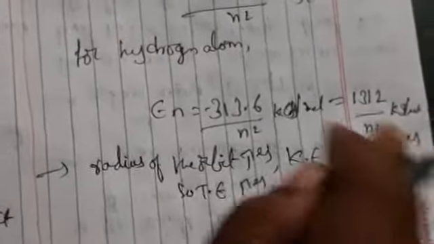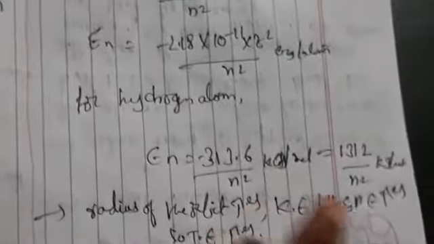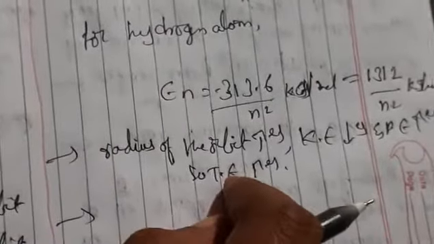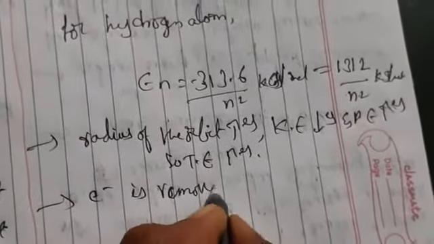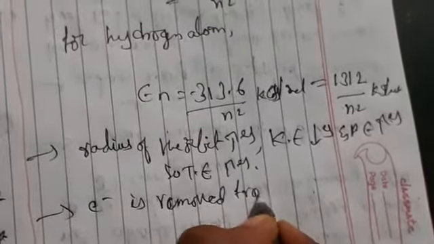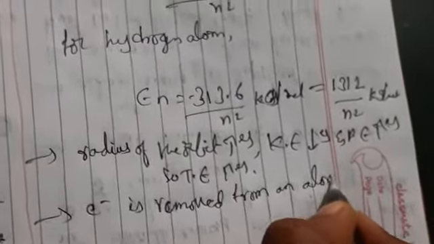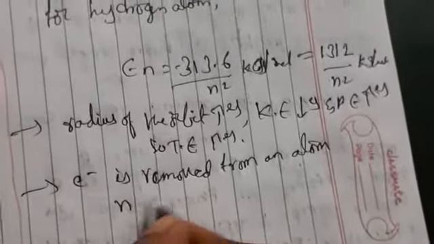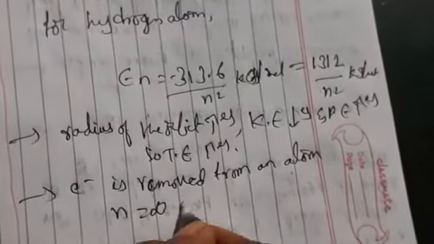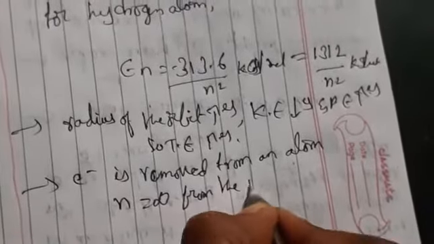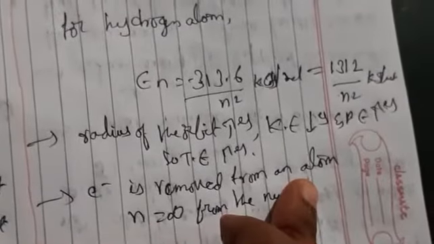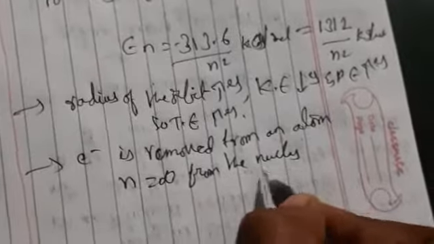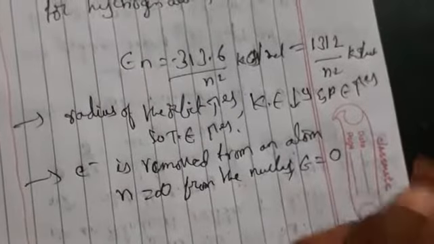If you remove an electron from an atom, it is said to be at infinity from the nucleus, that is, n is equal to infinity. When the electron is at infinite distance from the nucleus, the energy will be 0.